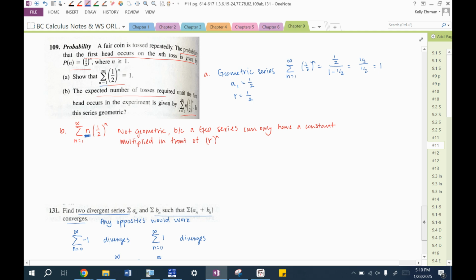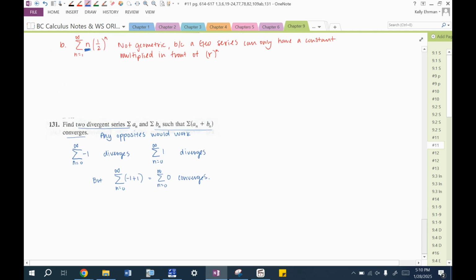And last question, find two divergent series, sum of a and sum of b, such that when we add the sequences together, the series converges. I'm sure there are other examples, but I just thought if you come up with any opposite number sequences, those would work.